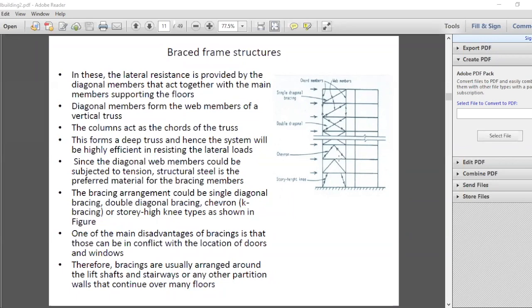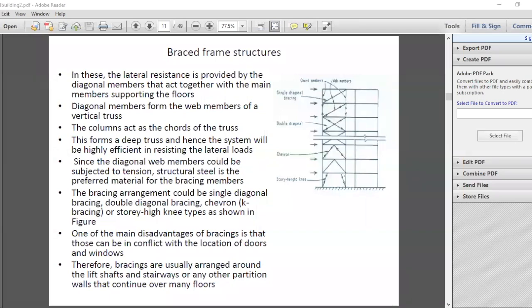And also there's another type called knee bracing, and here you can see it's a knee bracing. When you go with K bracing or chevrons or knee bracing, what actually happens is these horizontal members can be subjected to additional bending moments.